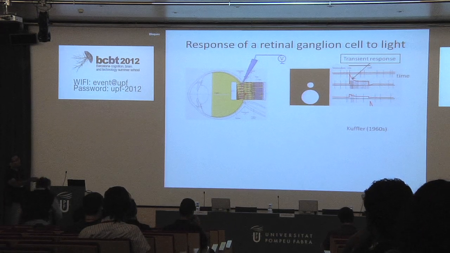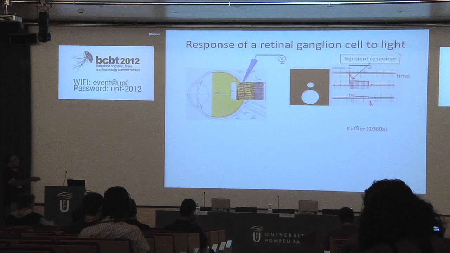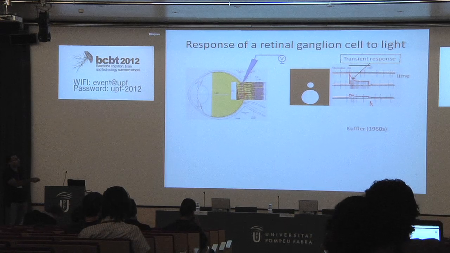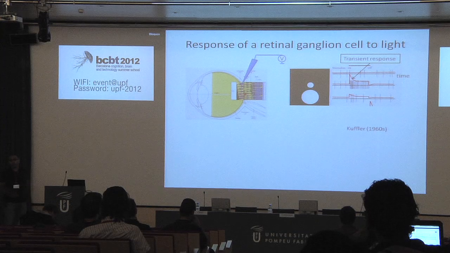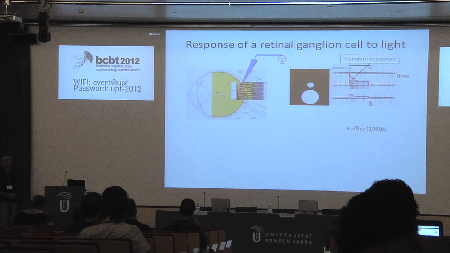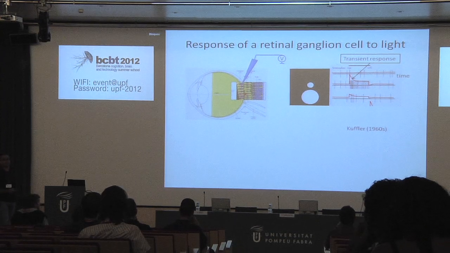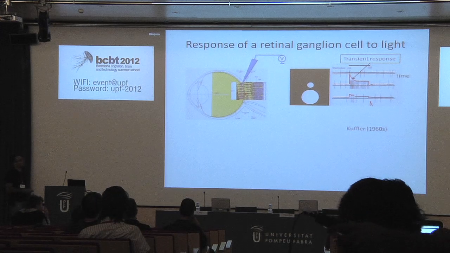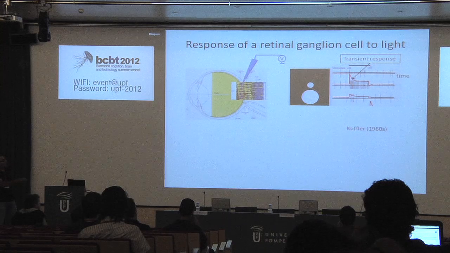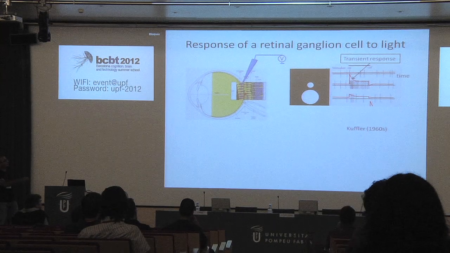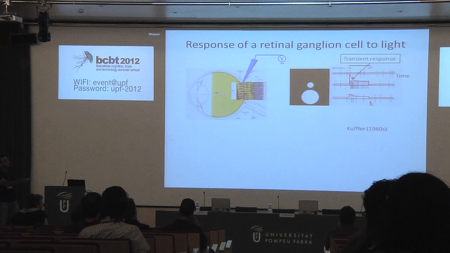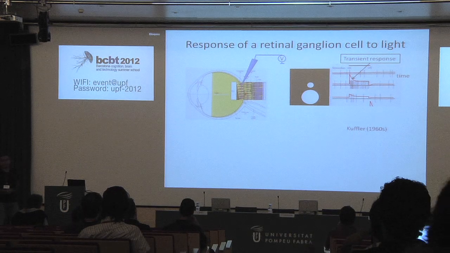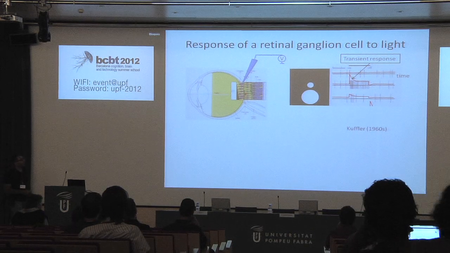But then something interesting happened. When Koffler showed a wider spot of light, he noticed that the response was much weaker, even though the stimulus seemingly was stronger. He hypothesized that this happened because the region surrounding the narrow spot of light, this annular region, has an inhibitory effect on the neuron.